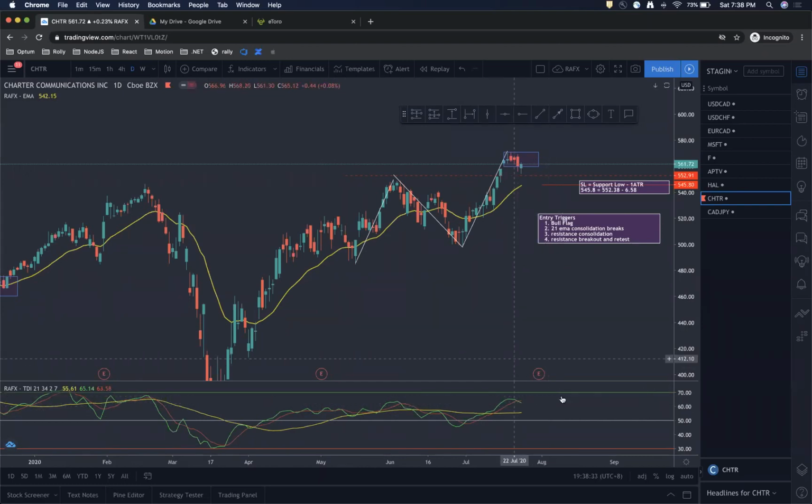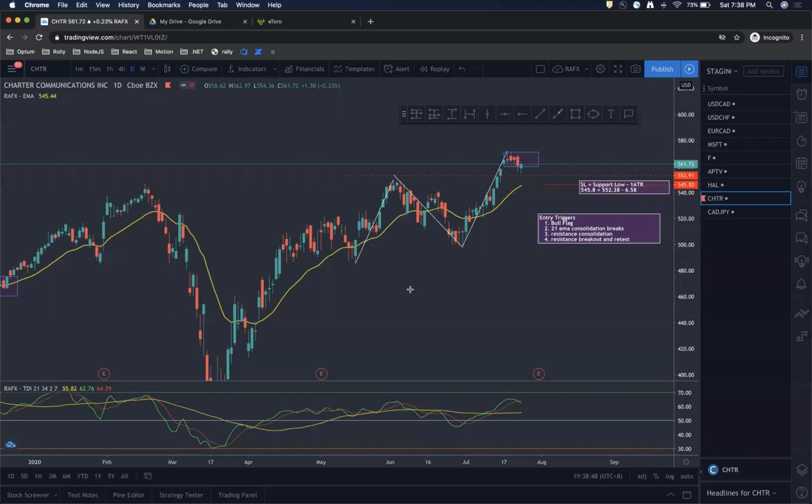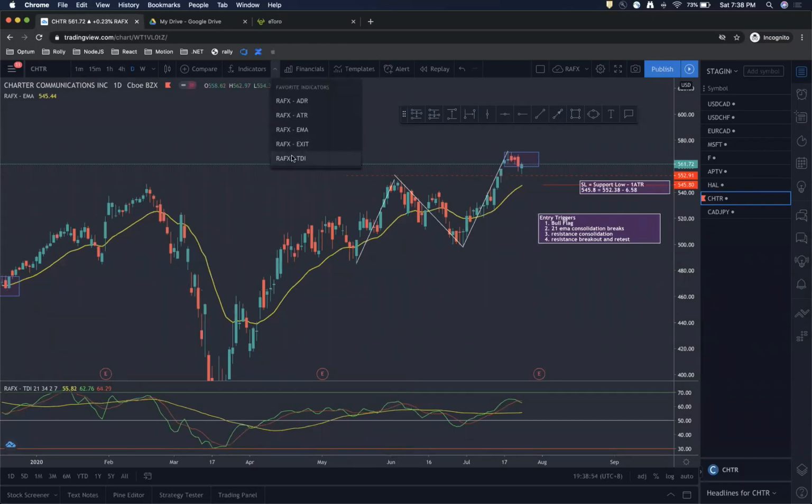Instead of doing that, before, I use the ATR, which is, I think, our last indicator, the average true range. This average true range is as well used to measure the volatility of the market. Let me see if I can add it here. Average true range.